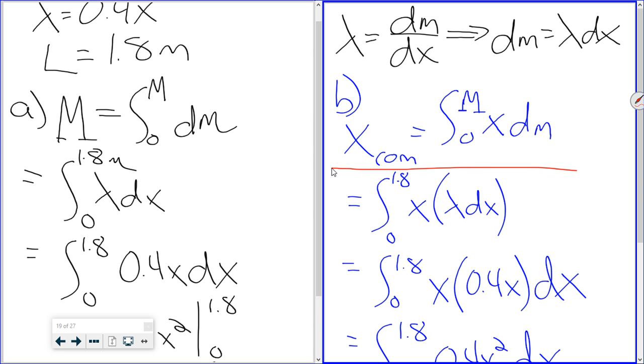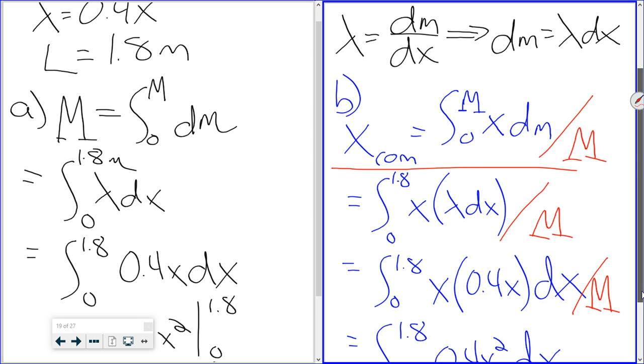When you find the position of your center of mass, it's this whole thing divided by capital M. So each of these things should have been divided by capital M. And then at the very end, divide by your total mass, which you know because you found it in part A.